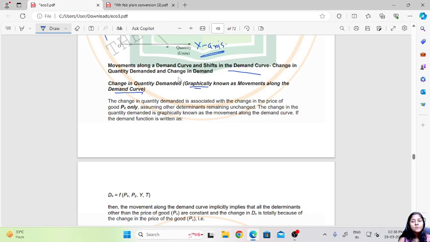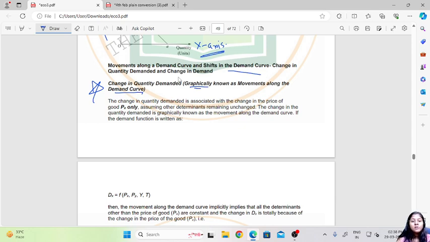Graphically it is known as movement along the demand curve, and it is also called change in quantity demanded. This is a very important concept according to the board. The change in quantity demanded is associated with the change in price of the good only, assuming other things remain constant.